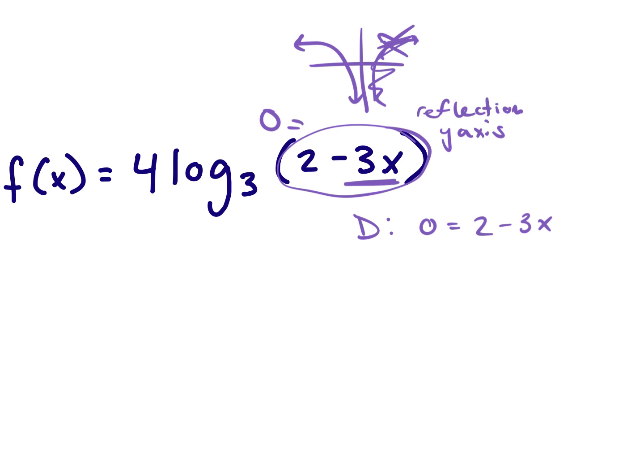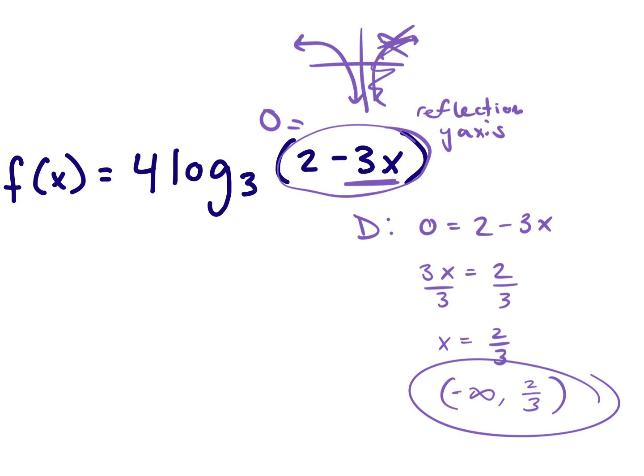When we solve for x, I can add 3x to the other side and divide by 3. So x is equal to 2/3. So what would my domain be? Awesome, negative infinity to 2/3. Perfect.